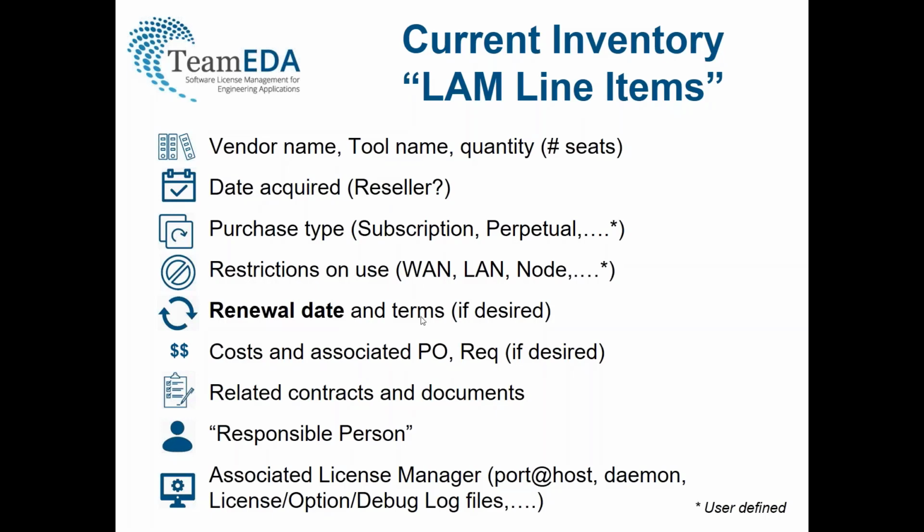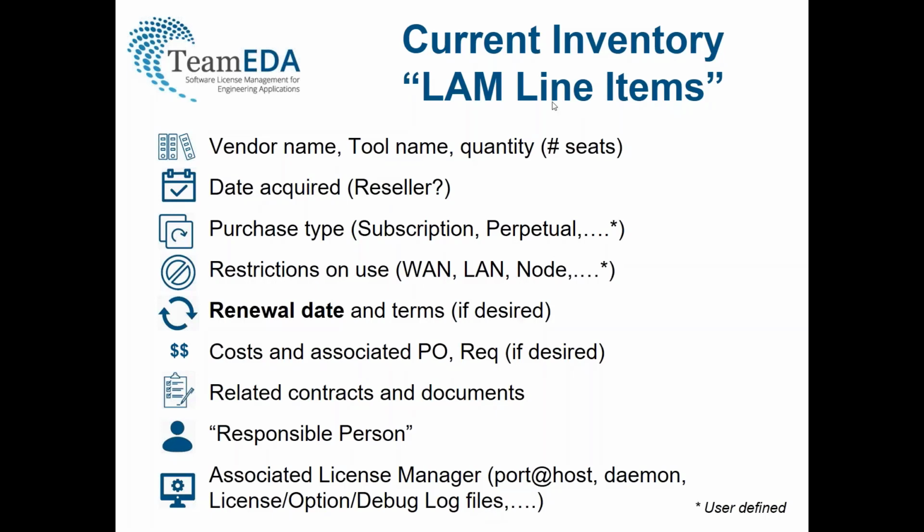Each line item could have these kinds of information: the renewal date on that line item, the cost and associated PO for that line item, any related contracts or documents, and who in your company is responsible for that line item. And then if it is, say, a FlexLM floating license, you can also capture for that line item the associated daemon name, port number, license server name, and then if there are associated license files, option files, and debug logs, you can capture the location of those log files as well.